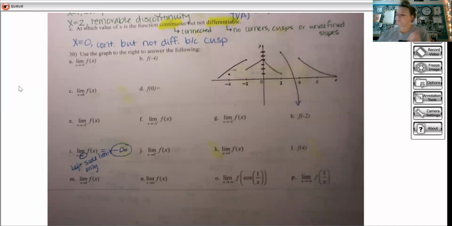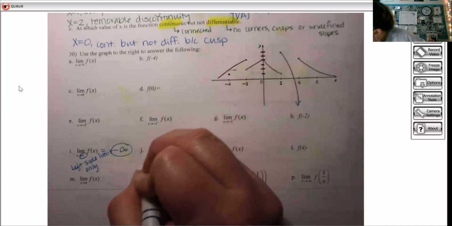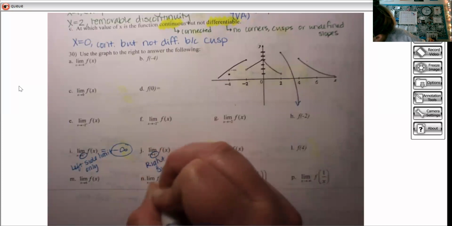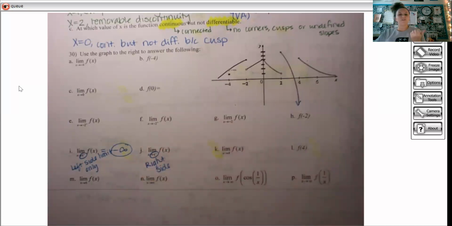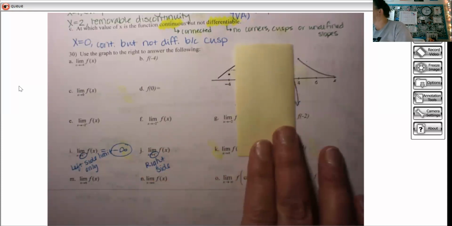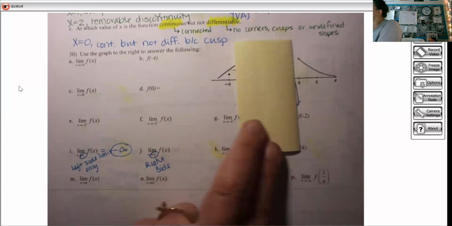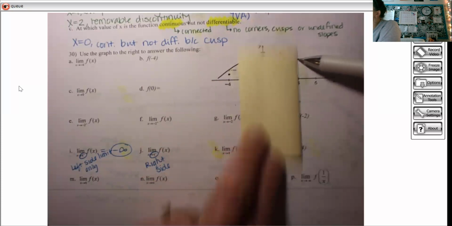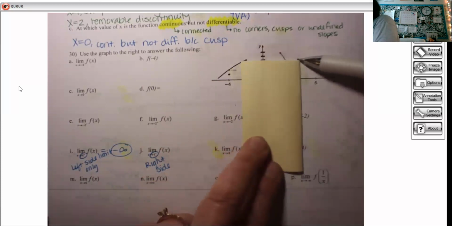Now I want to do 4 from the right side, which means that I need to cover up the left side. So that means that this entire asymptote now is going to be gone. And when I look on the other side, I see that my graph comes closer and closer to this dot, which when I remove my paper is right there.